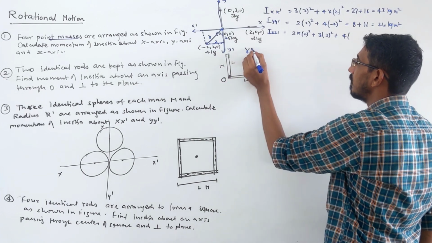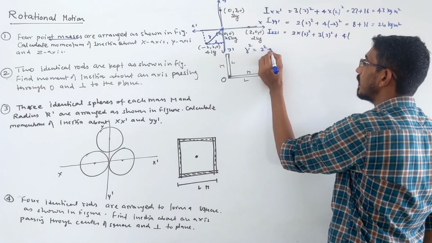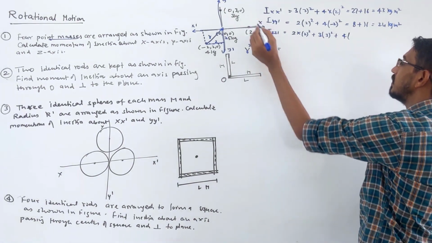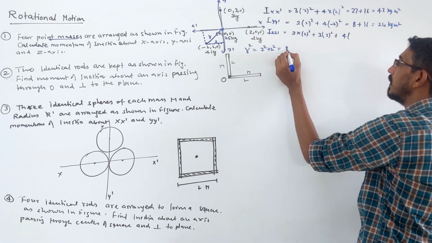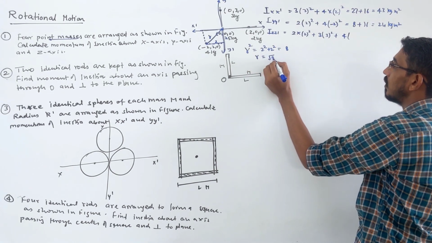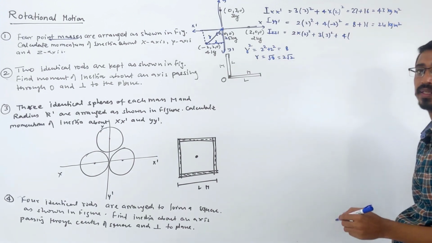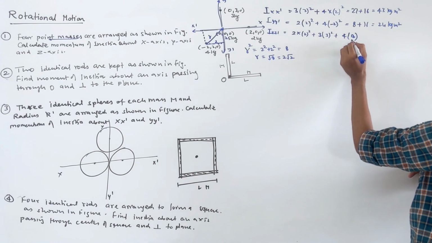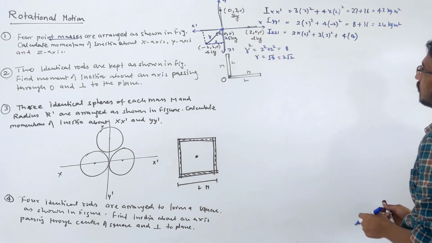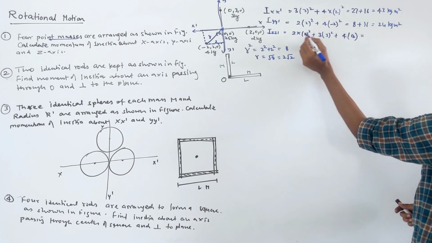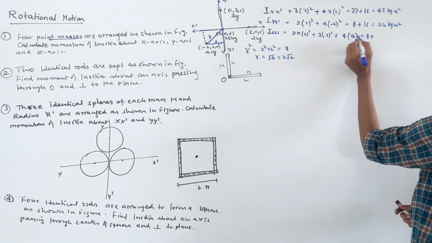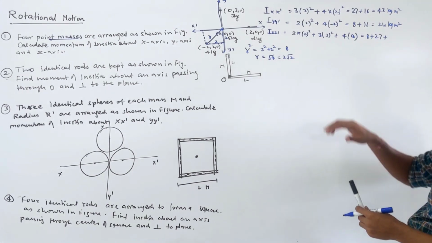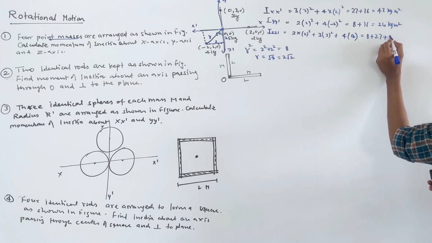So how much does r become? r square is equal to 2 square plus 2 square, right? Pythagoras theorem simply we are writing. So this becomes 4 plus 4, simply 8. So r is root of 8, or you say 2 root 2, correct? So 4 into (2 root 2) square, or simply it becomes 8 only, no need to do hard work. So when you calculate this, how much should come? This should come 8, and that should become 27, and this should become 32.